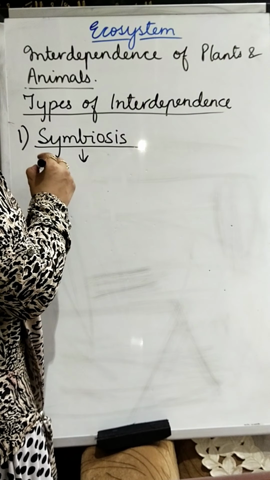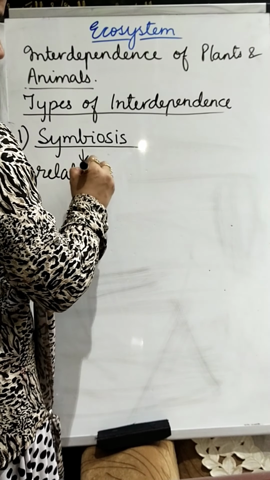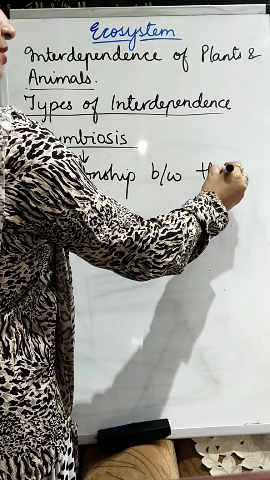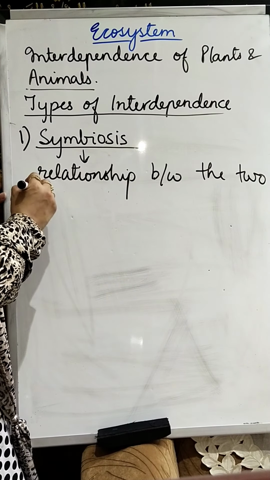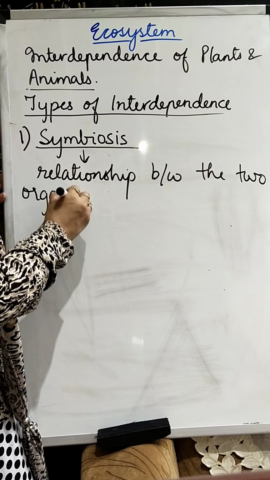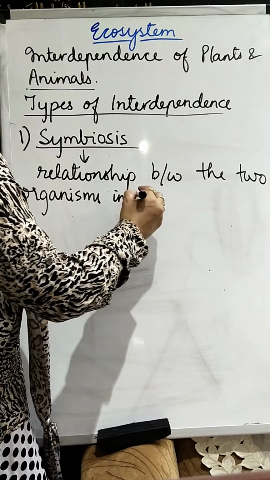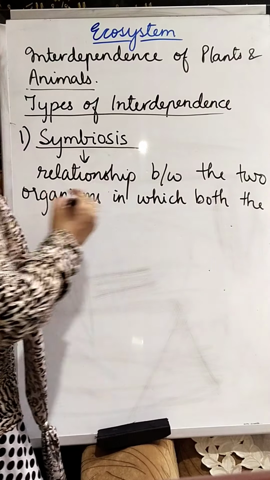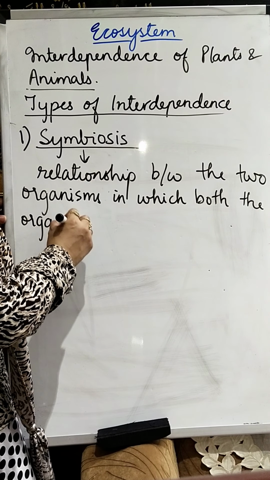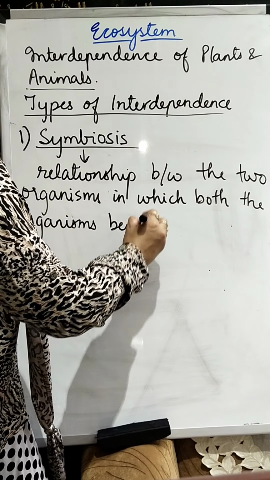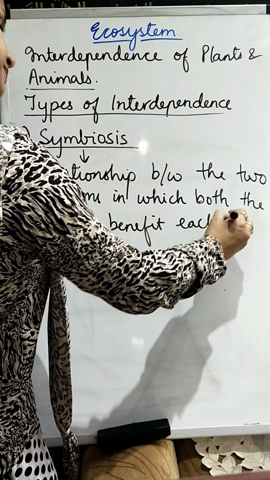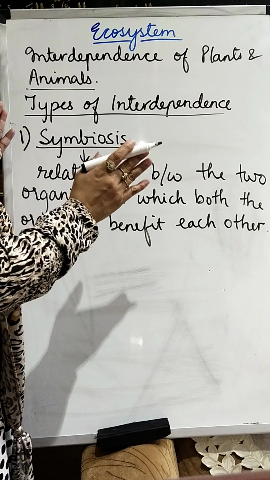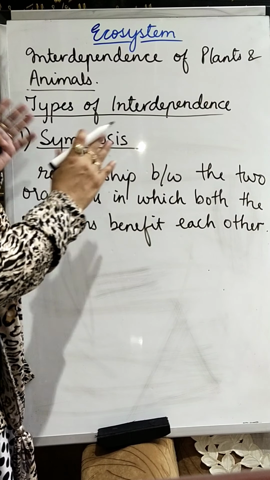So symbiosis is the relationship between two organisms, and in this, both organisms are benefited.